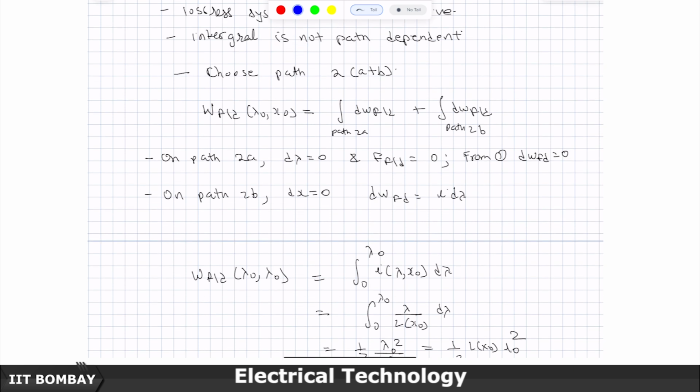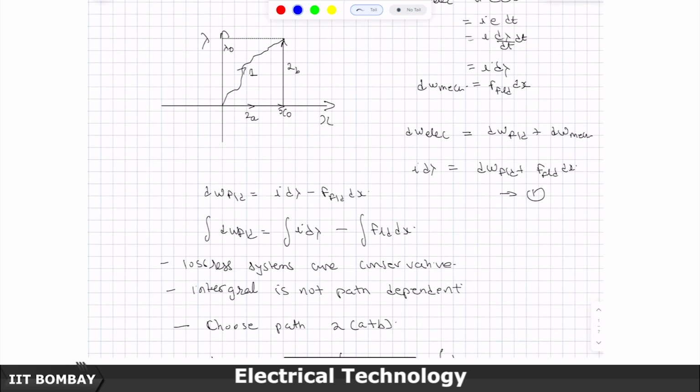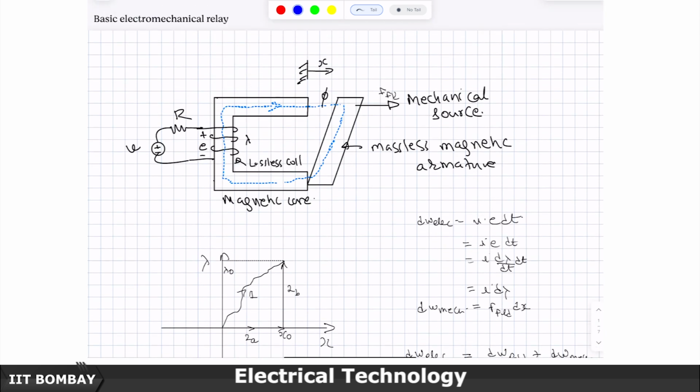So, along the path 2B, the good thing is the position is fixed. Once the position is fixed, the magnetic geometry is fixed.